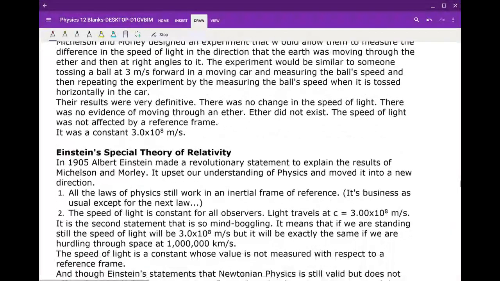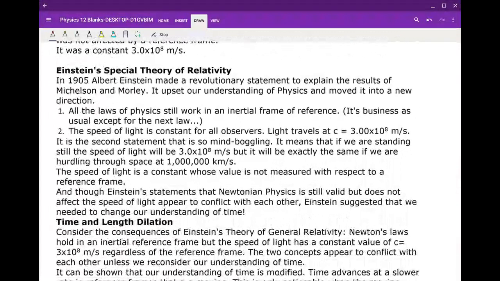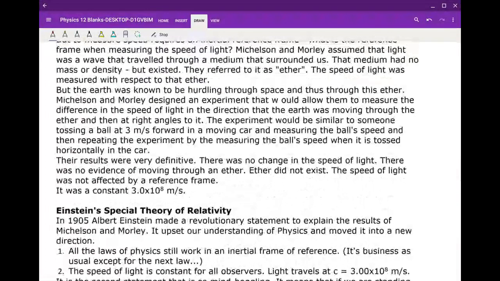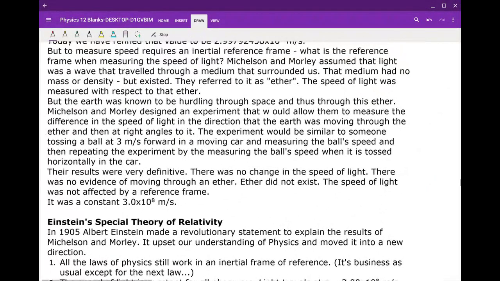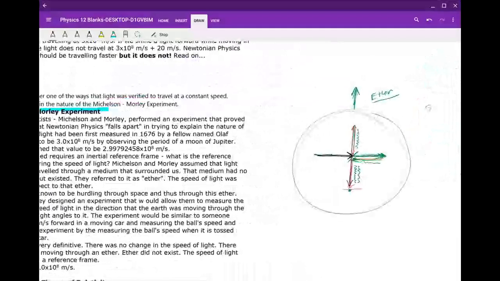Now, let's see, what are we looking at now? So now we're talking about Einstein's special relativity, right? Based on all this stuff, and based on Michelson and Morley's experiment here, Einstein was saying, look, it appears that light just travels the same speed for everybody, for the whole world and for everybody who's viewing it, right?